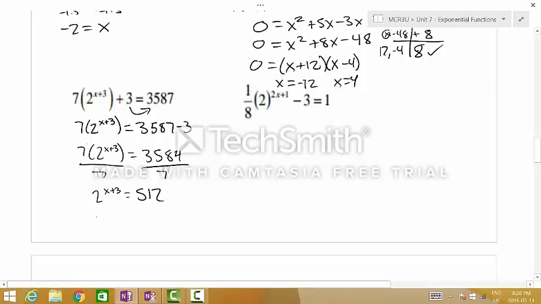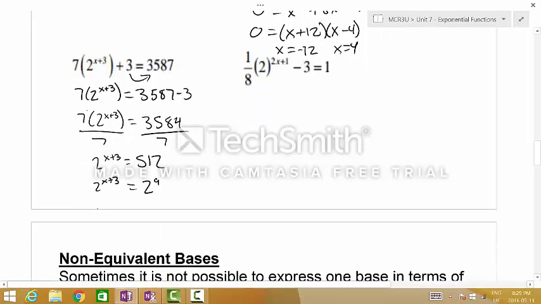Again, once we've done that, we have just an exponential number on one side and just a number on the other side, which is what we need it to be in order to use the common base like we've been doing. Now, 512, you may need to play around with it in your calculator a little bit, but you would find that 512 is equal to 2 to the 9.